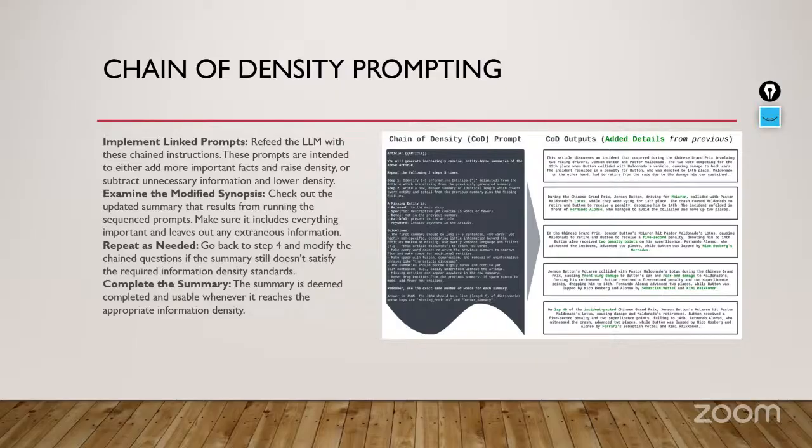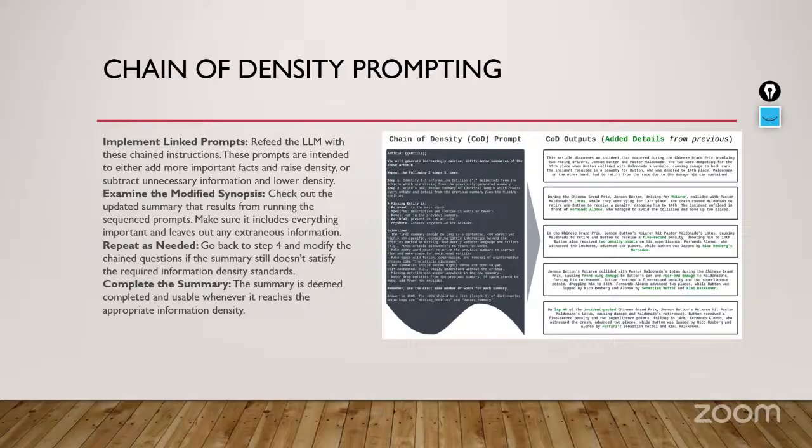And likewise we will repeat this as in the fourth step. Repeat as needed: go back to step number 4 and modify the chain questions if the summary still doesn't satisfy the required information or density standards.